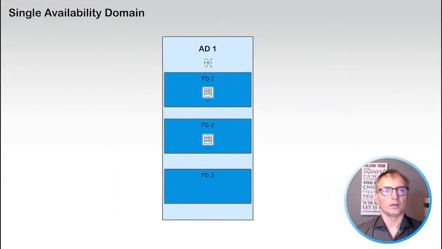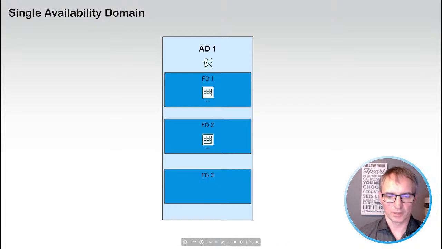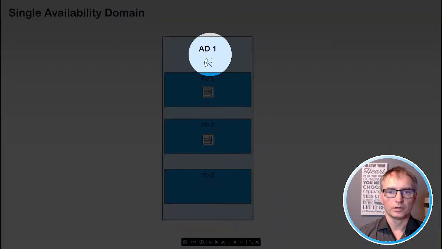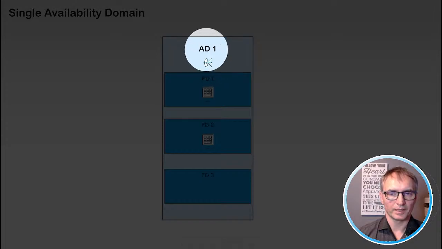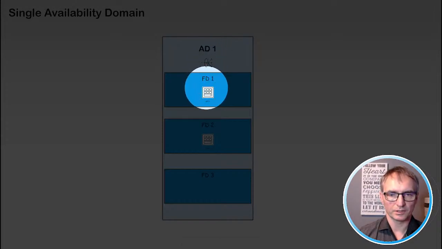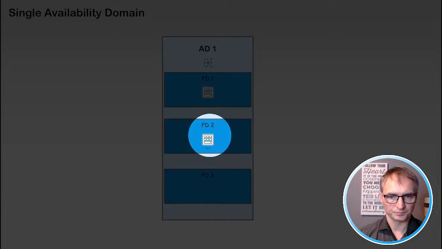Okay. In the scenario where we have a single availability domain, where there is the region, and in that region you don't have multiple availability domains, but you have a single availability domain, then you put the load balancer in this availability domain, and then your server in fault domain 1 and then fault domain 2.